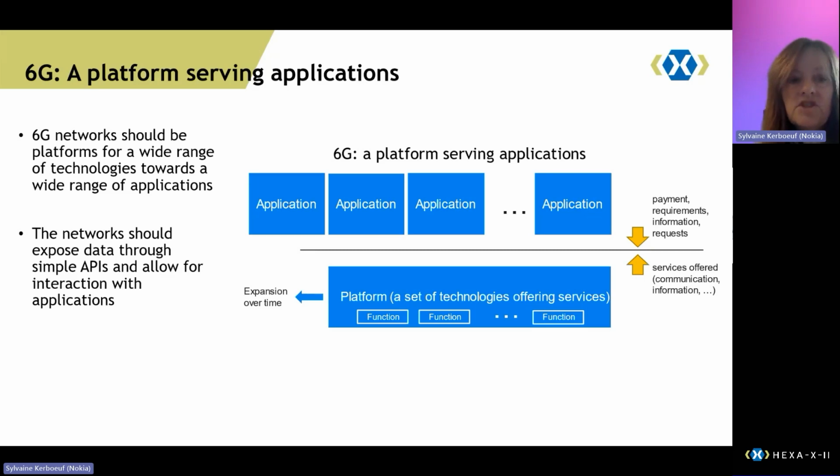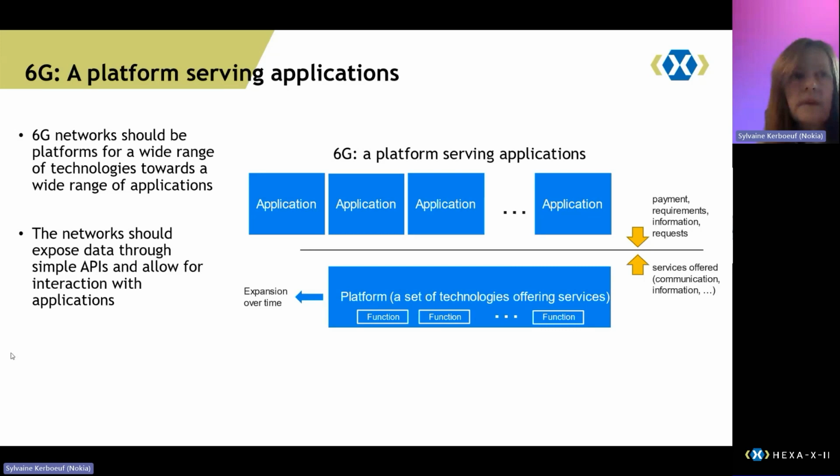On this 6G platform, the network will expose a diverse set of application programming interfaces that can be extended over time. At the same time, this platform will allow interaction with applications to understand and integrate insight from the external environment to create a more adaptive system that will allow meeting the needs of users and society.